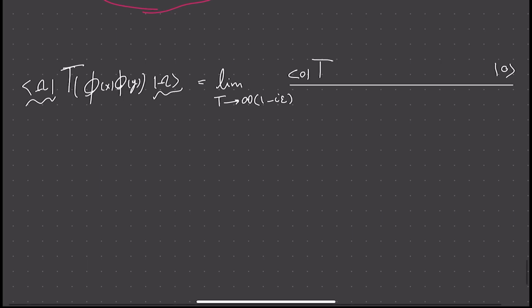So it's a time ordering of the interacting field phi x, the interacting field phi y, and then you have this exponential of minus i, integral from minus t to plus t, dt, of the interaction Hamiltonian as a function of t, acting on the free vacuum.